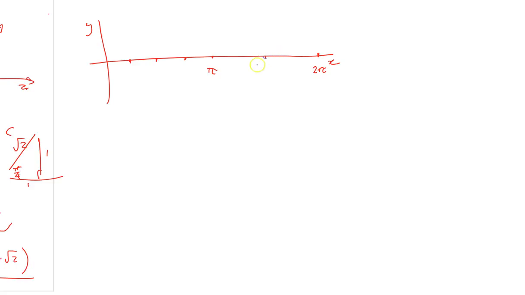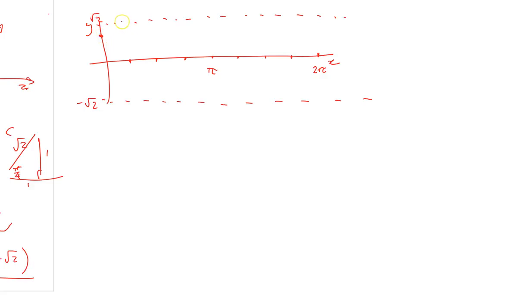It's going to be my 3 pi over 2, 5 pi over 4, 7 pi over 4, there like that. We have maximums at root 2 and minimums at negative root 2. Now I know that I start here at 1.